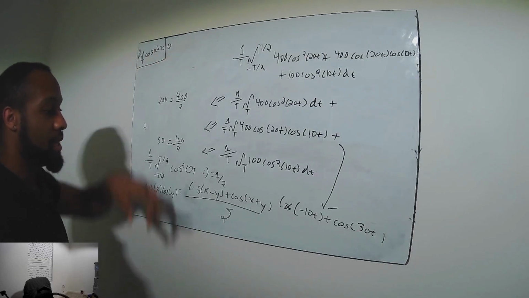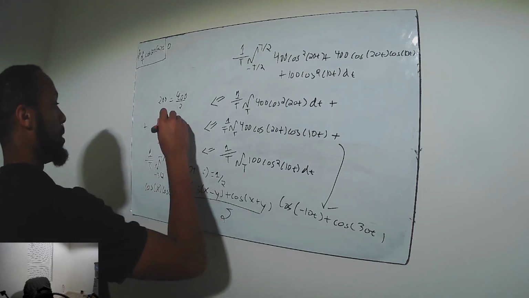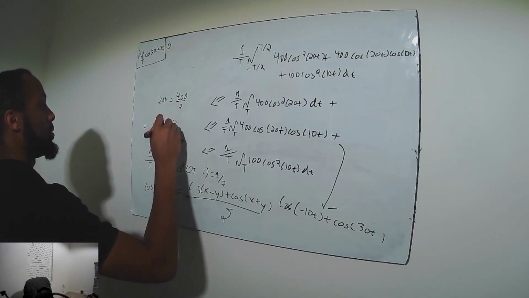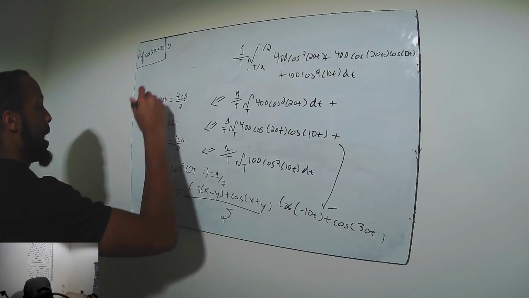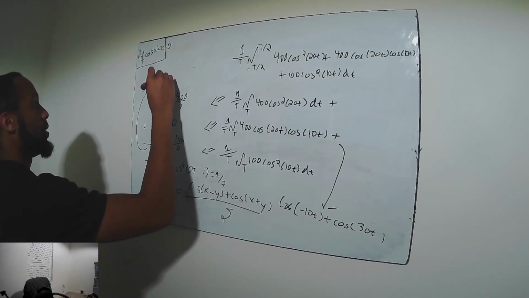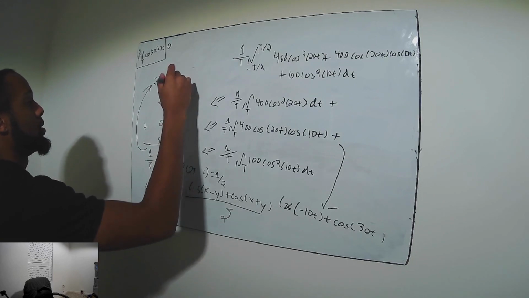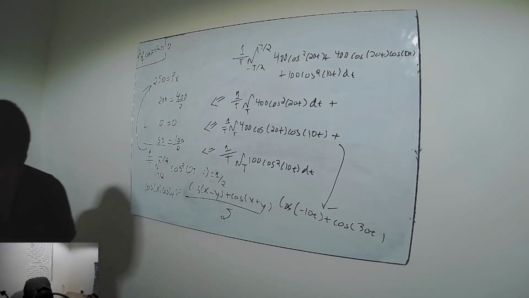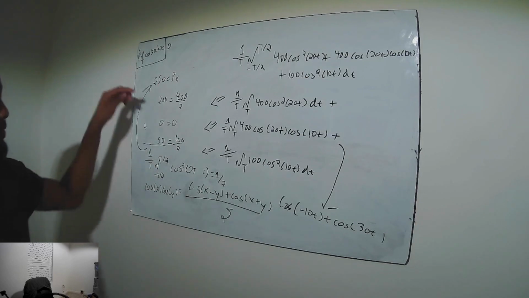So these two integrals are going to end up being 0. And then we're going to add these together up here, and we get 250. So the average normalized power for this function is 250.